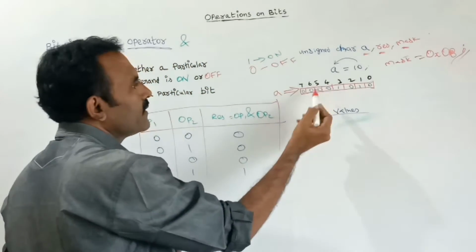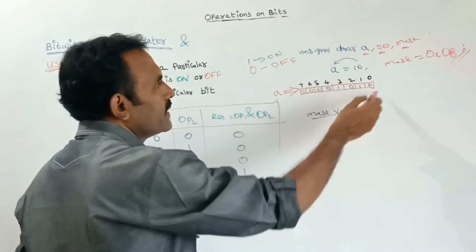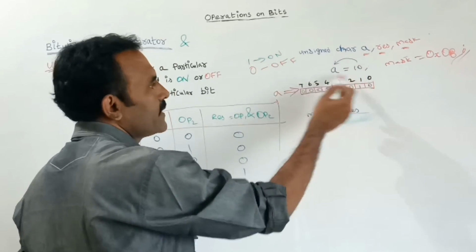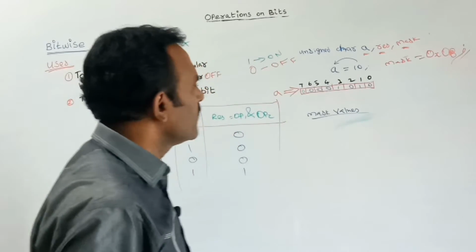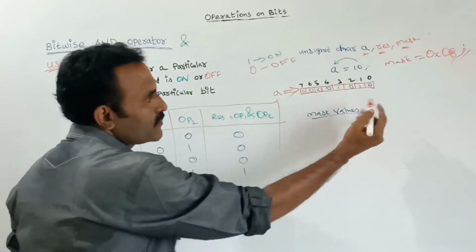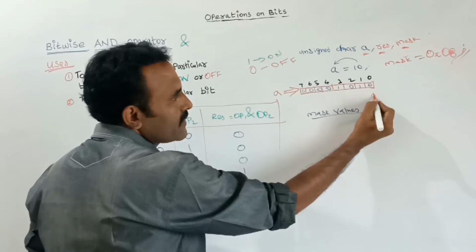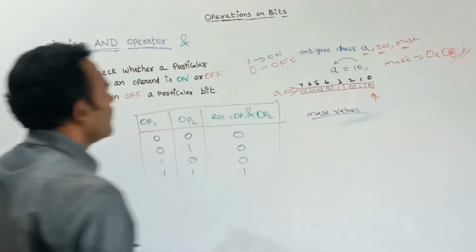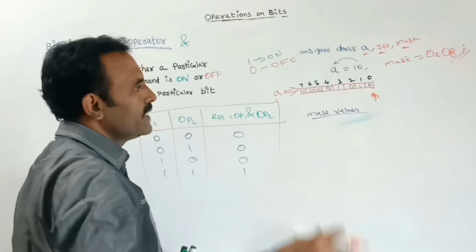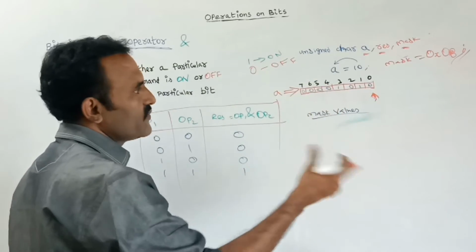See here, totally how many bits? 8 bits. This data type is the character data type, so we are using 8 bits here. Now let us see the mask values one by one. Suppose I want to find whether the 0th position is on or off, then I should use a mask value for finding.